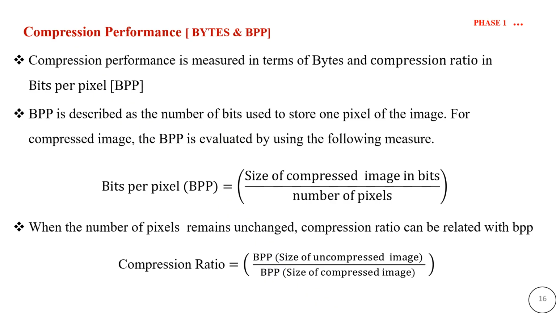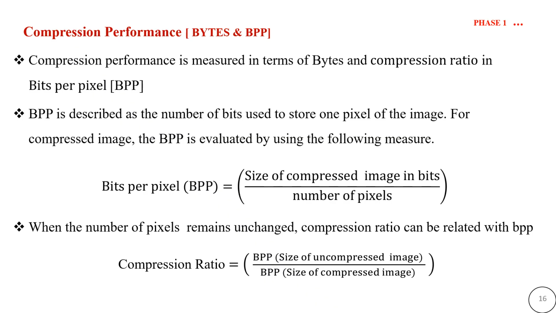Compression performance is measured in terms of bytes by using the formula bits per pixel. Bits per pixel is equal to the size of the compressed image in bits divided by the number of pixels.